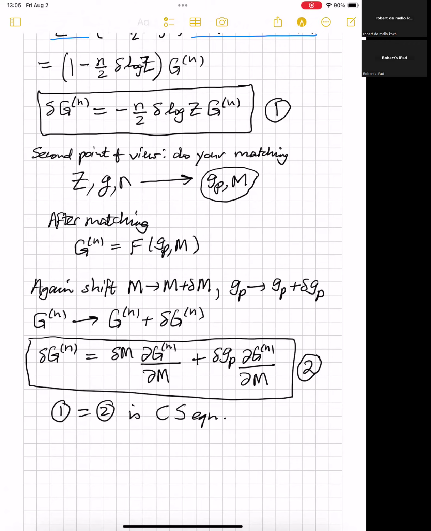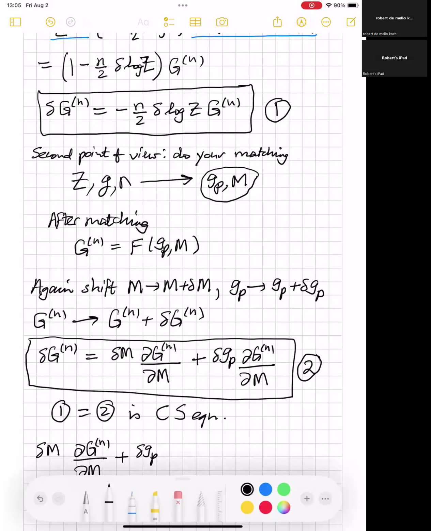We have to rearrange it a little bit to get it into the form that it's usually written. So let's do that. We've got delta M dGn dM plus delta GP. Sorry, guys, I don't know why I said dM here. We're just applying the rules of calculus. So this is dGP.